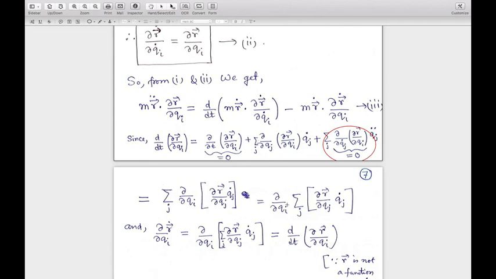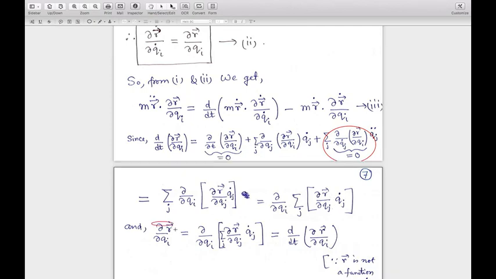Then finally, since this sum is over j, you can take this ∂/∂qi outside of the sum, and you have ∂/∂qi of the summation over ∂r/∂qj q̇j, which is nothing but the total time derivative of the r vector. So this is nothing but ∂/∂qi of dr/dt, which is this one. So d/dt of ∂r/∂qi is equal to ∂/∂qi of dr/dt.